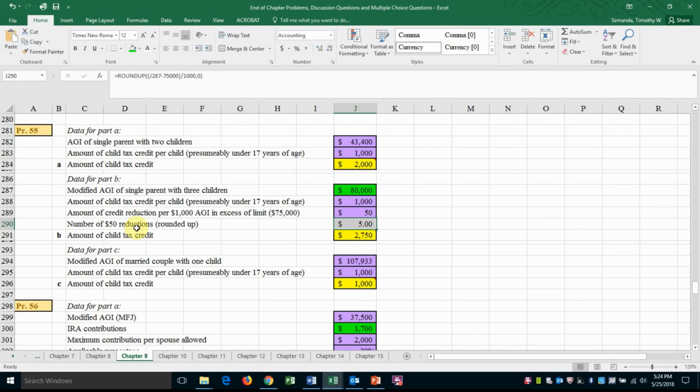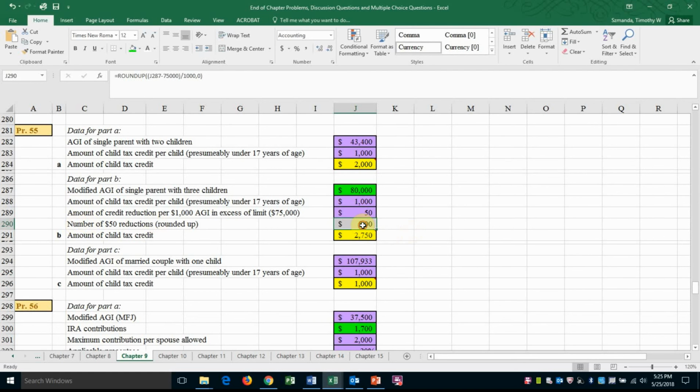And you have to round up. So let's say you have 2.3 $50 reductions, in other words $50 for each $1,000 you're over the threshold, then you need to round up to the next one, which would be 3. In this case it would be 3 times 50.